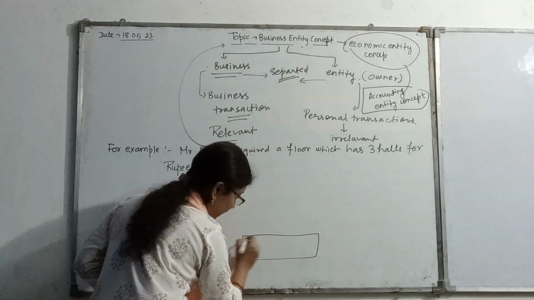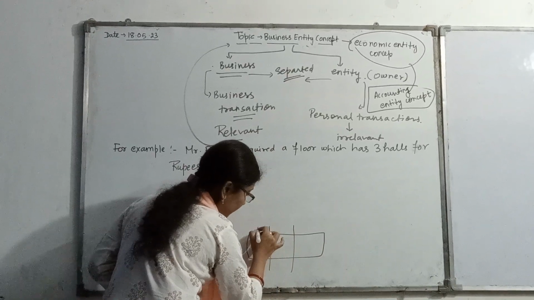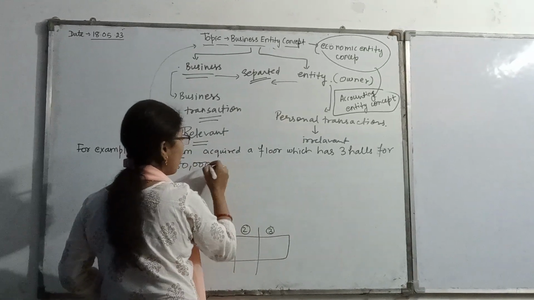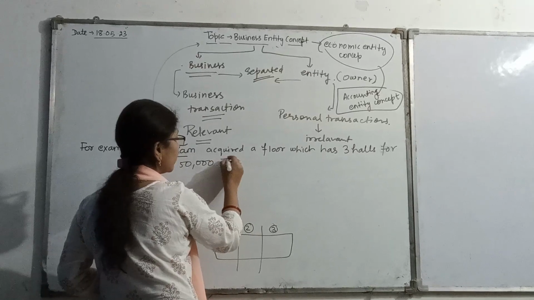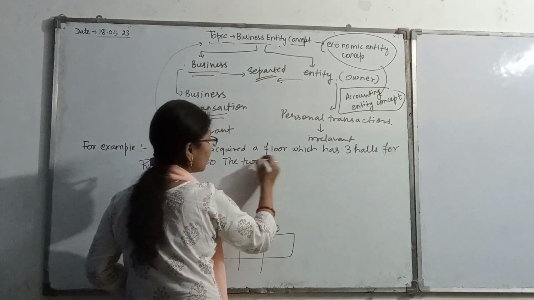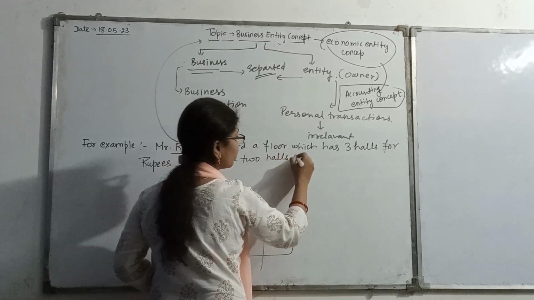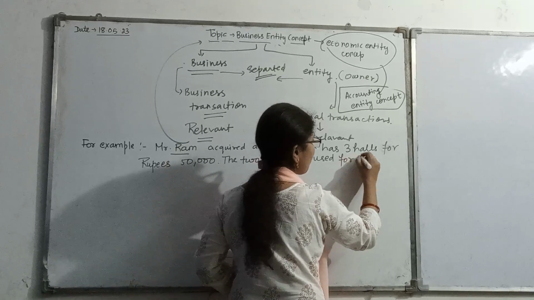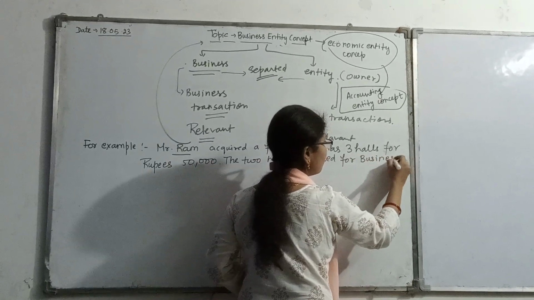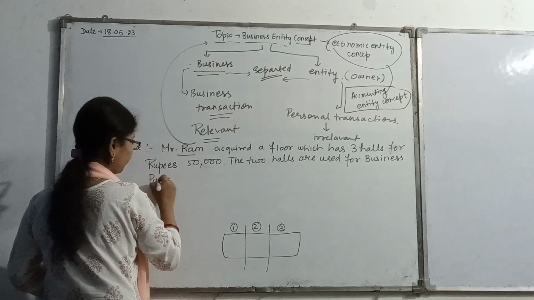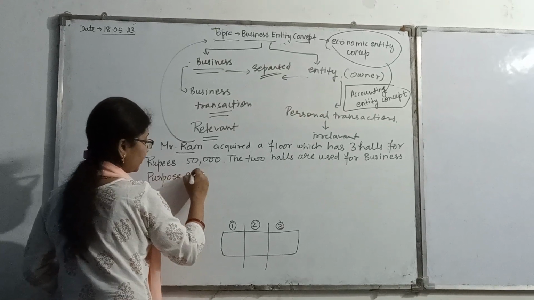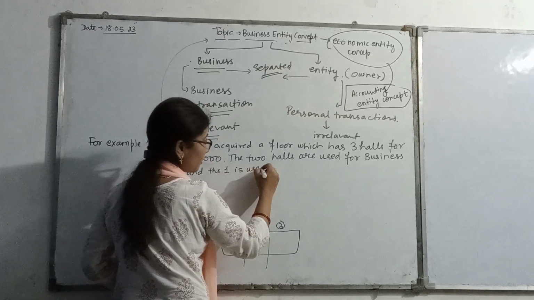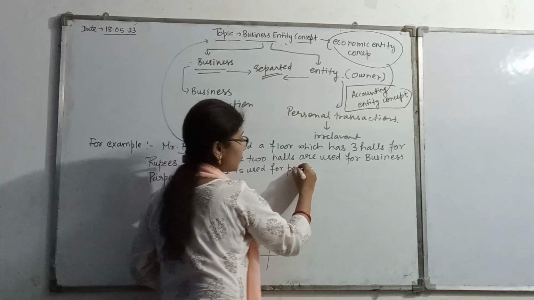It is the floor and the floor has 3 halls: hall number 1, hall number 2 and hall number 3. Out of these 3 halls, 2 halls are used for business purpose and one is used for personal purpose.